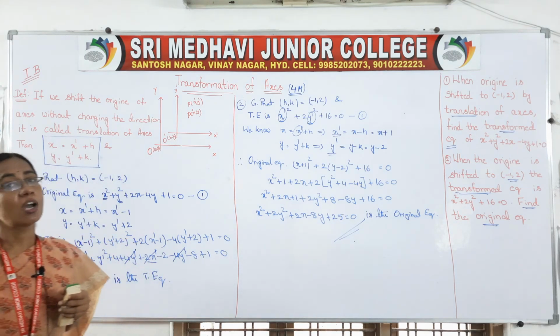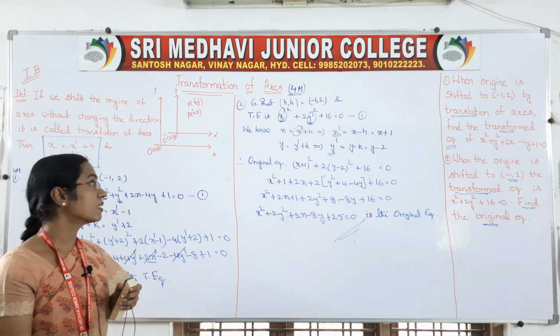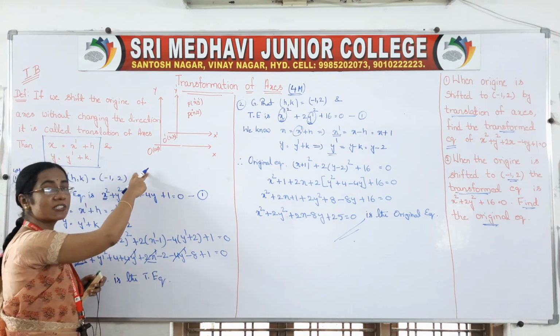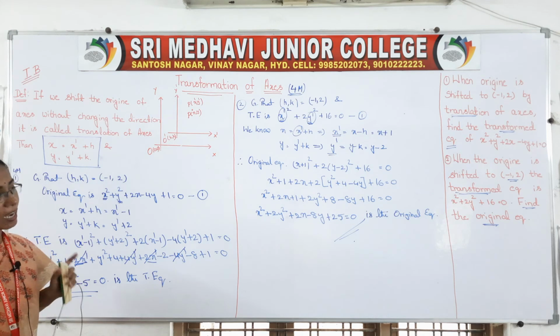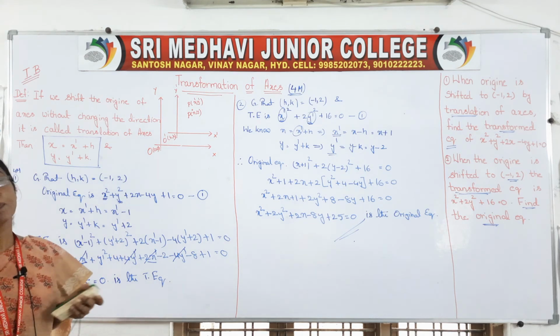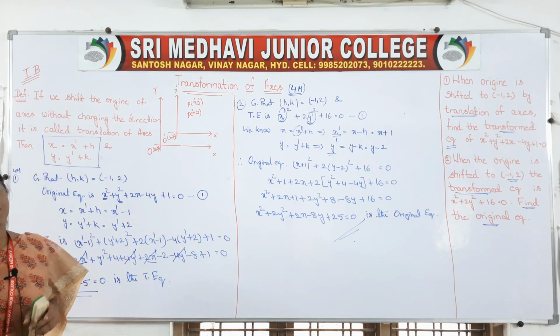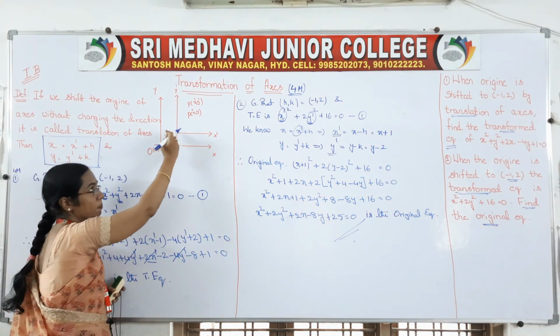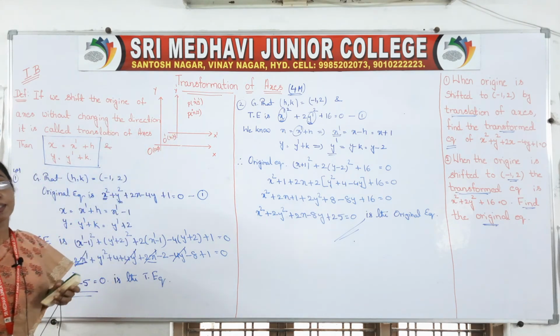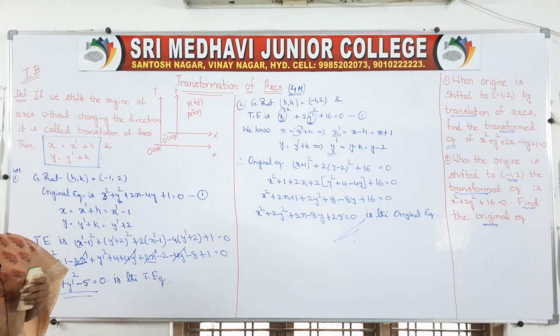So this change of axis happens in two ways. One is called translation of axis, the second one is rotation of axis. Today we dealt with the translation of axis. When it happens means if we shift the origin from one place to another place, then translation of axis happens.